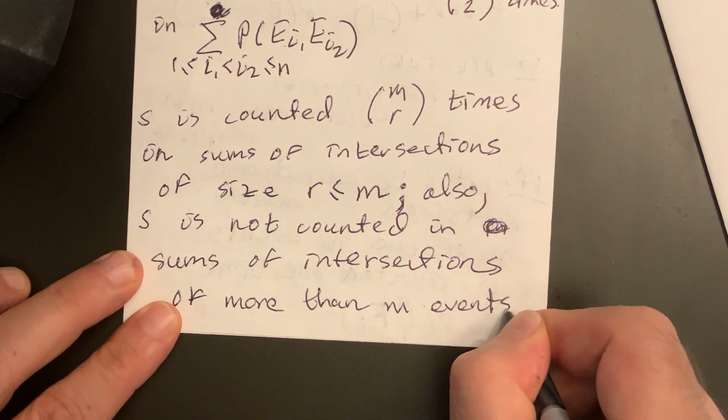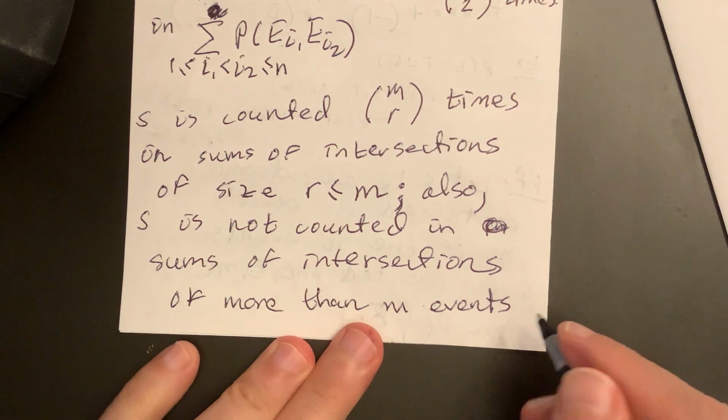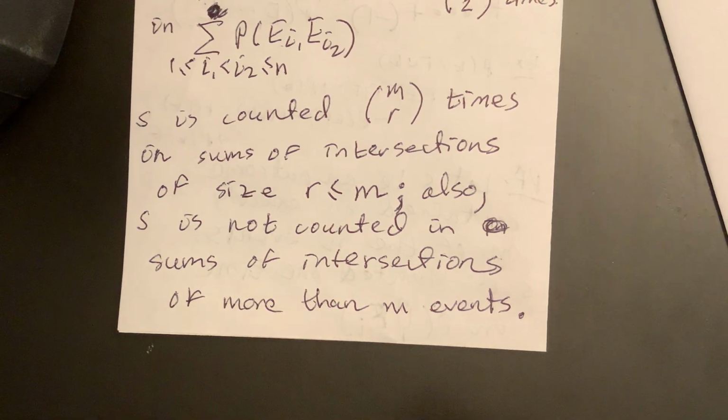Because clearly, if it's only in, say, 3 events and I have an intersection of 4, then I'm including an event that doesn't contain S. So that ruins the whole thing and it's not counted.